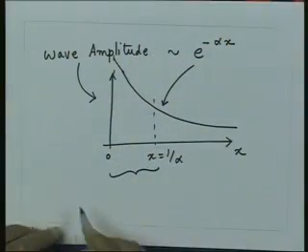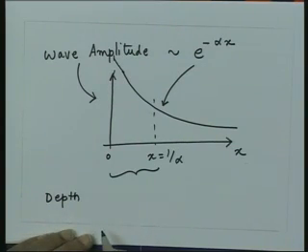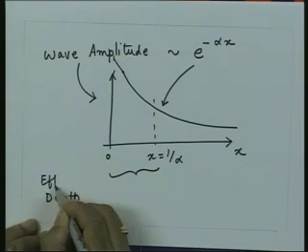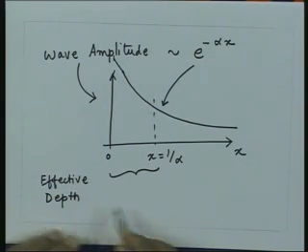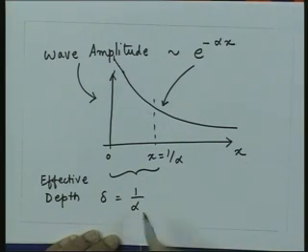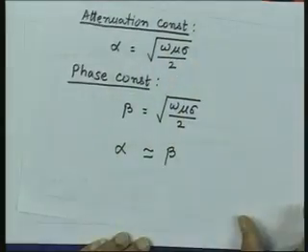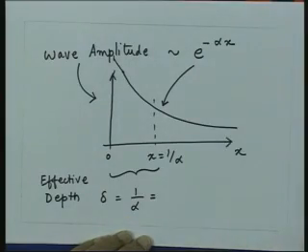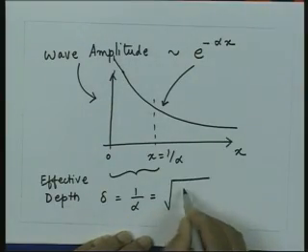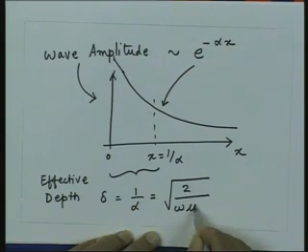So, if I write for this alpha over this depth, whatever this quantity is, let us call that quantity delta. So, I have here the effective depth, let me call that quantity delta, which is 1 over alpha. If I substitute for the value of alpha from here, that will be square root of 2 upon omega mu sigma.